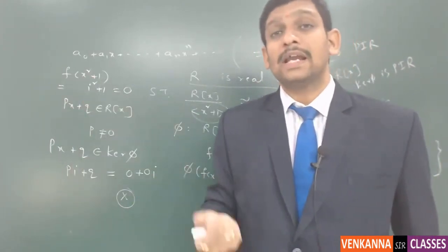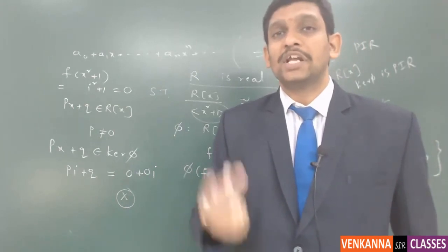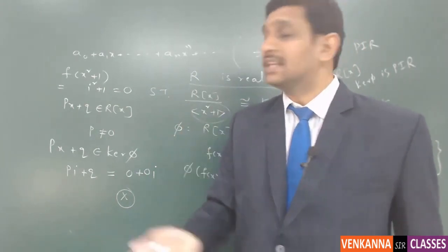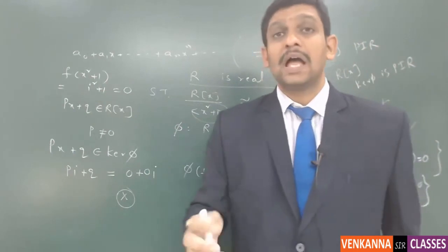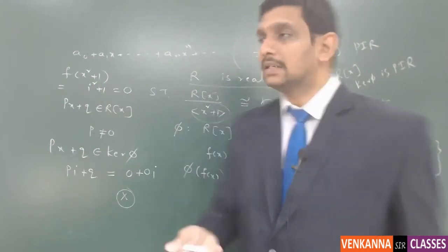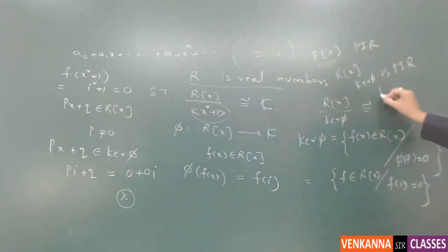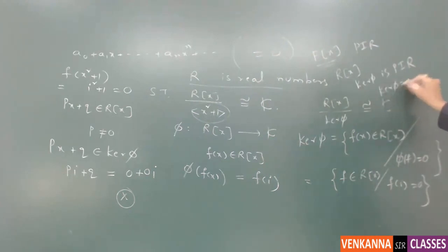So the kernel contains the smallest degree 2 polynomial, which is nothing but x square plus 1. And immediately I am confirming that the kernel is generated by the polynomial x square plus 1.